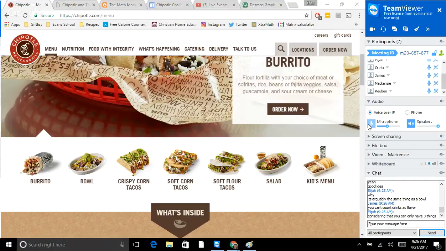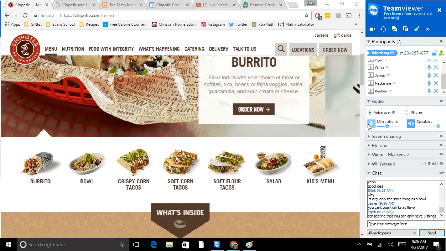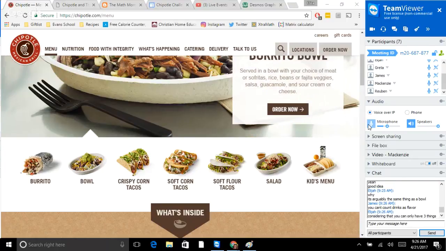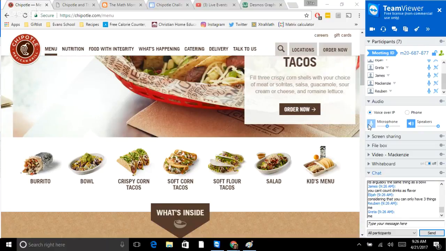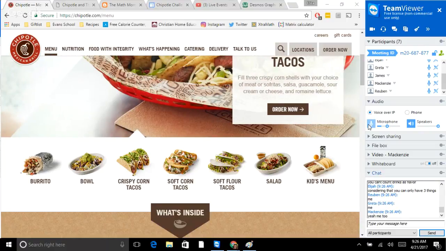I would agree with that, James. I vote with James. Who votes with James? And we're not going to count drinks in this either. All right, Ruben's with you, James, and Greta. All right. I think we almost have a class vote, right? All right, Mackenzie, that drinks are out. That doesn't count in flavor combinations.